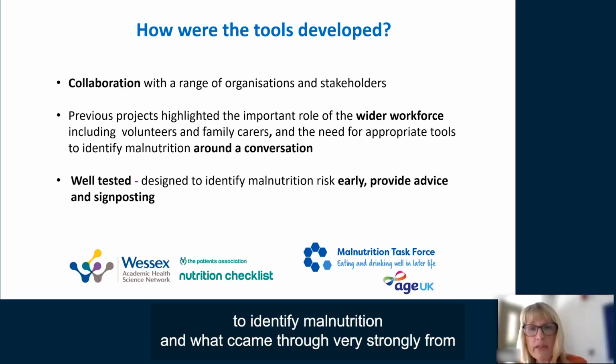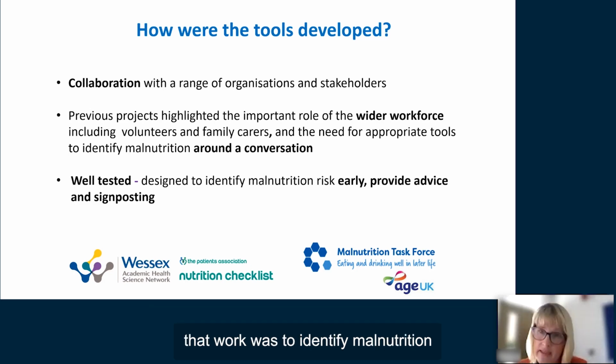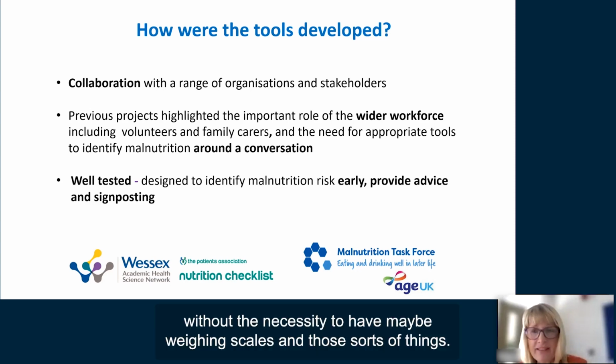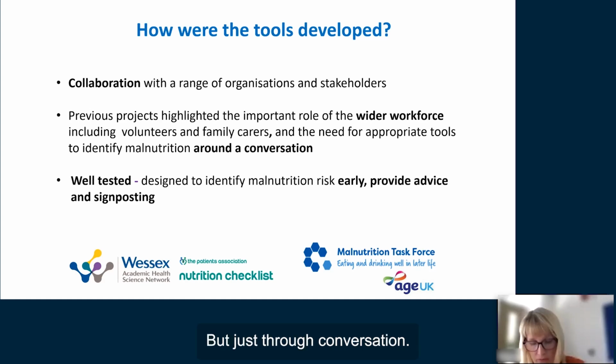What came through very strongly from that work was to identify malnutrition through a conversation. That could be done without the necessity to have weighing scales and those sorts of things, but just through a conversation.